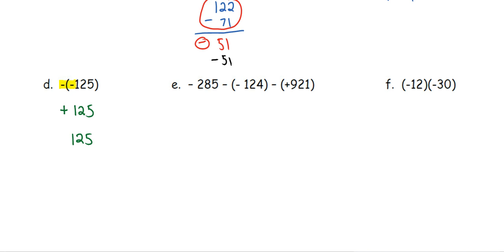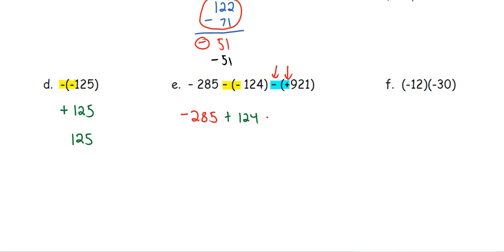For question number E. Okay, so I have two negative signs there. Over here I have a negative and a positive sign, so then we need to do something a little bit different over there. So this will be negative 285. I have two negative signs, so that will be positive 124. And then over here I have a negative sign and a positive sign. Now when you have a negative sign and a positive sign, the negative sign always wins.